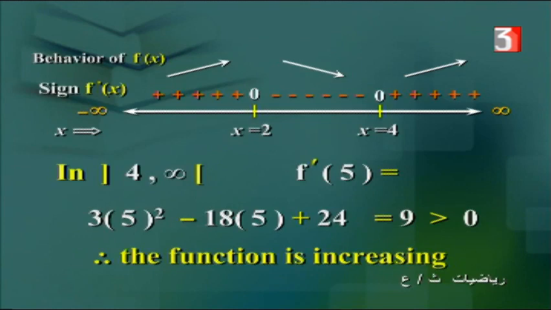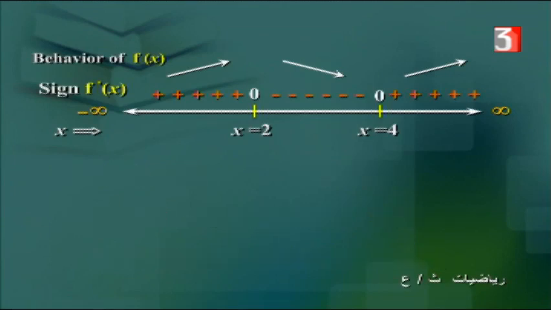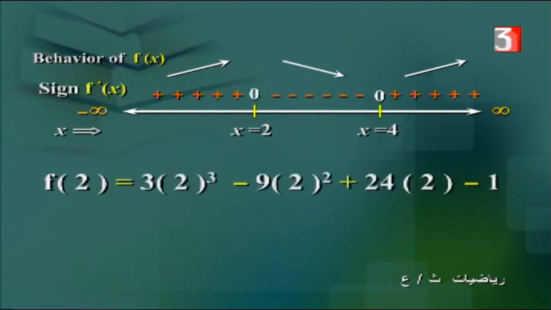The two points, x equals 2 and x equals 4, are critical points. When x equals 2, f of 2 equals 3 multiply 2 power 3 minus 9 multiply 2 power 2 plus 24 times 2 minus 1, which equals 19.